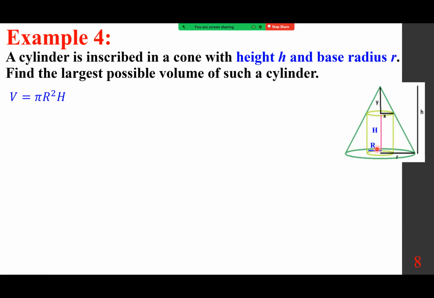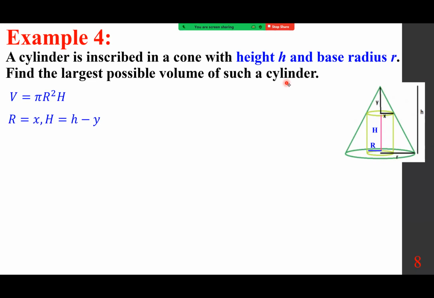And according to this, this is equal to x, and h is equal to the lowercase h minus y. So take a look at this important information. If this is x, that's the same as r, because this is the radius of the cylindrical shape. If you call this distance y and the whole thing is h, h minus y becomes the height of the cylindrical shape.